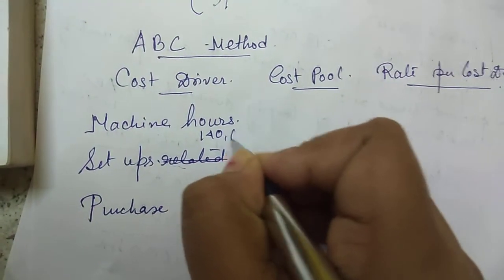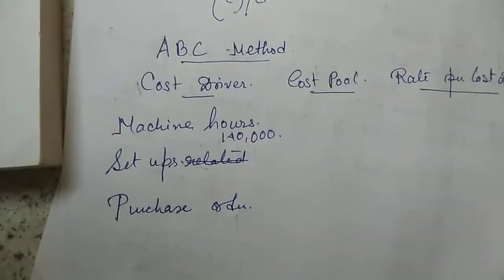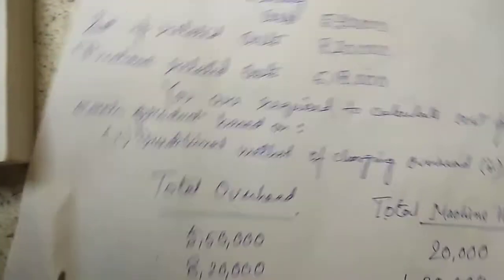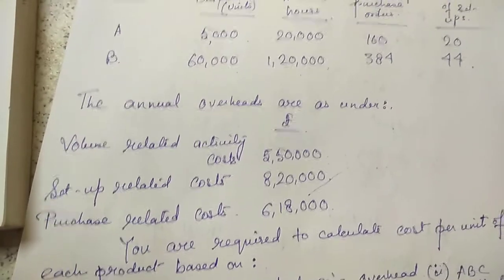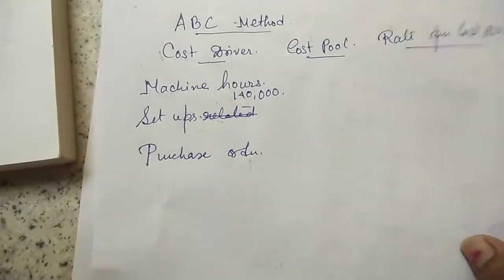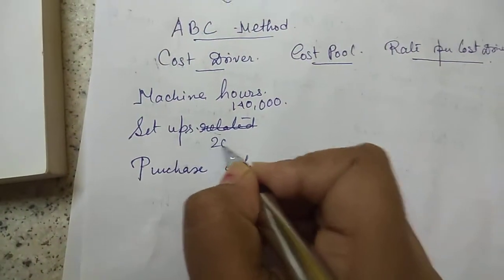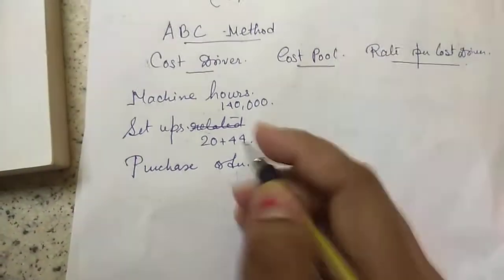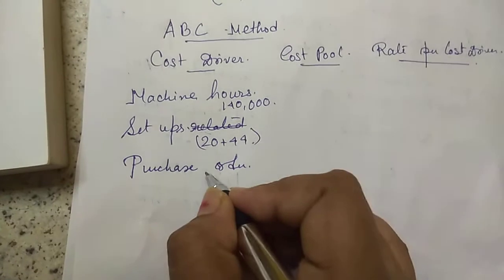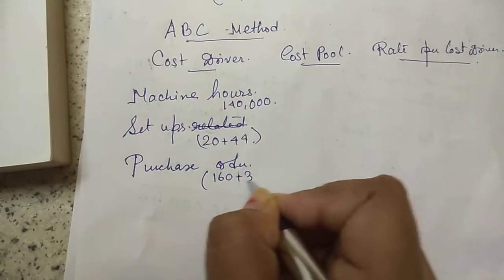Total number of setups how much? 20 plus 44. Total number of purchase orders is 160 plus 384.